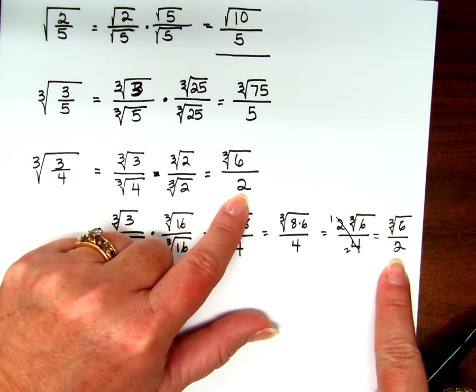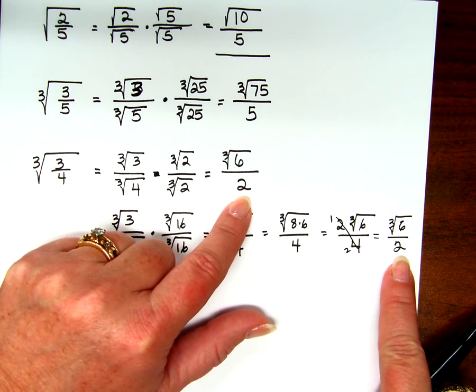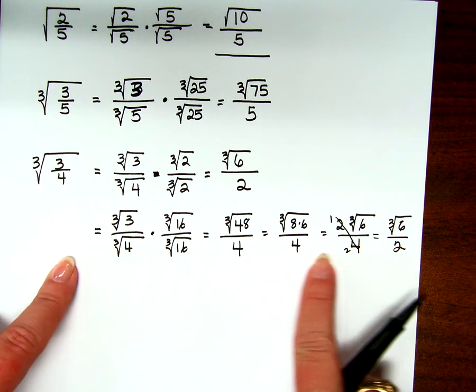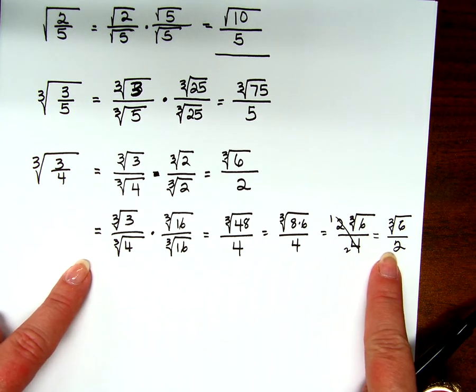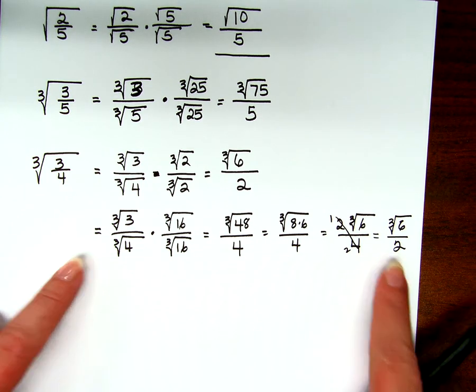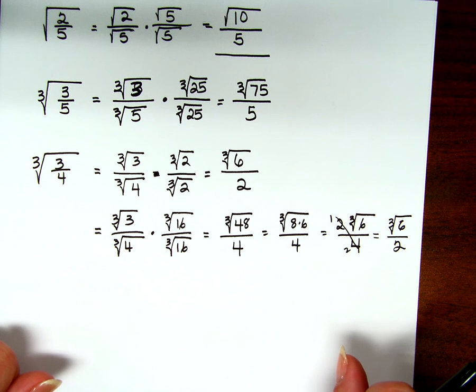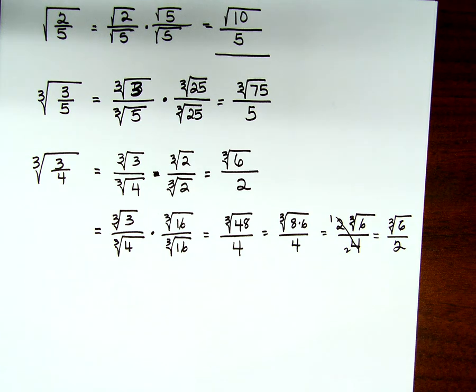Look, we got the same answer, didn't we? This one just had more steps, right? How many different ways are there to do some of these problems? A lot, okay? Be patient with yourself and figure it out as you go, all right?